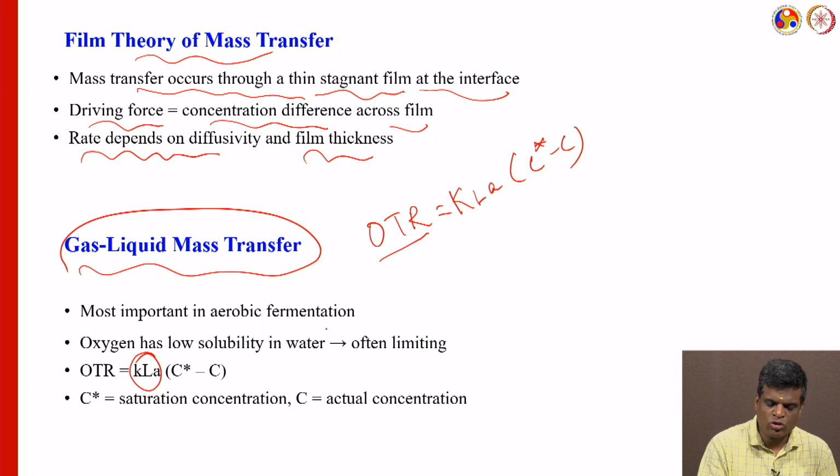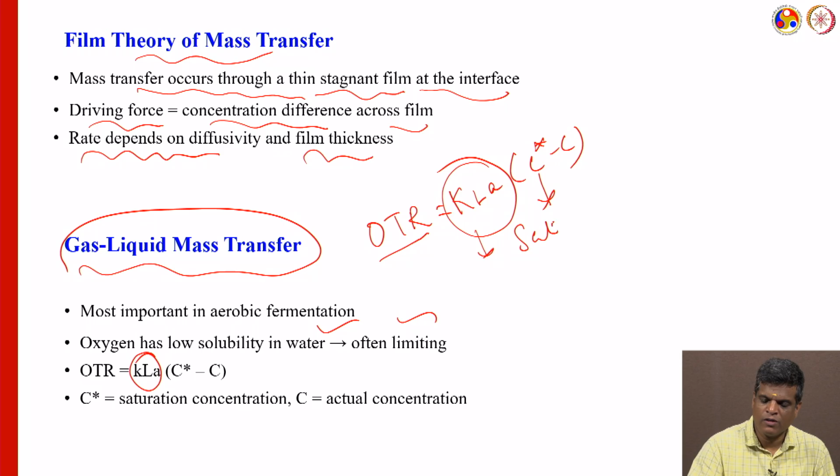Oxygen has low solubility in water especially, so it is often the limiting step. KLa is the overall mass transfer coefficient, C star is the saturation concentration, and C is the actual concentration. So, it is based on the difference between the saturation concentration and the actual concentration.